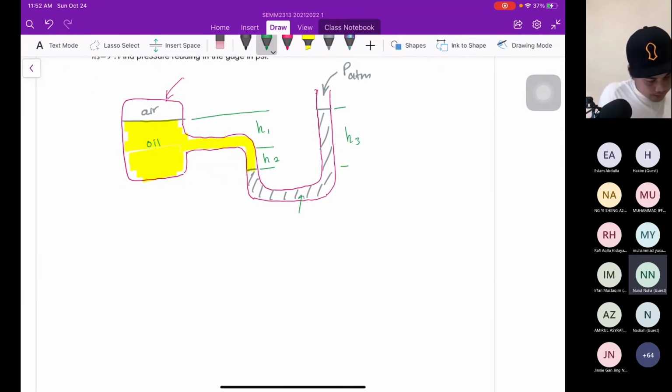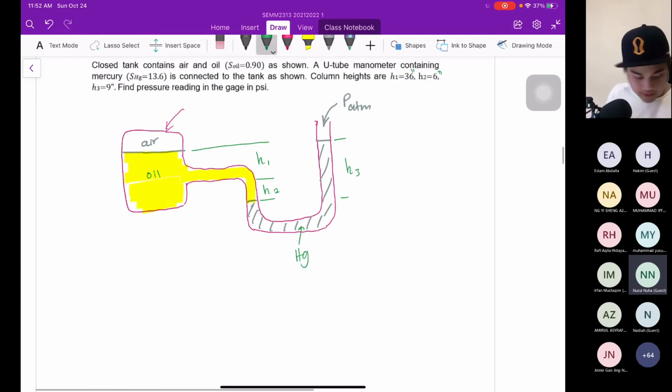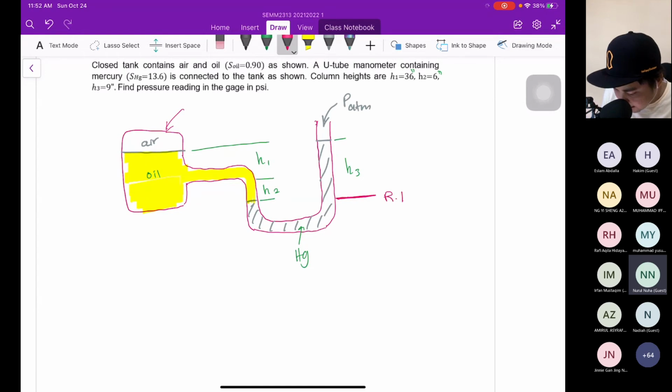This is mercury, Hg. Okay, the first step, we need to set our reference line. The reference line you set, you must follow that. That means this is optional. You can have many references, you can have any point. For my case, I want to set this as our reference line.